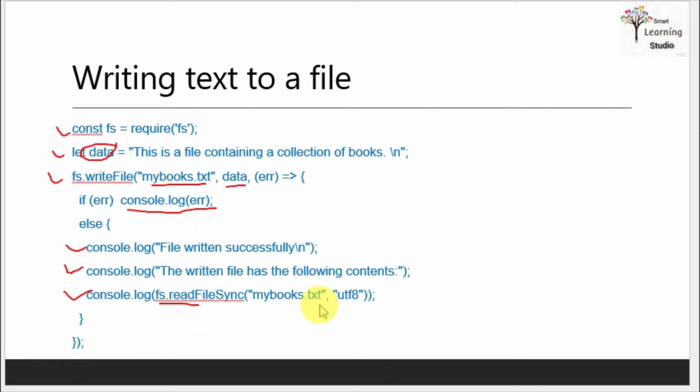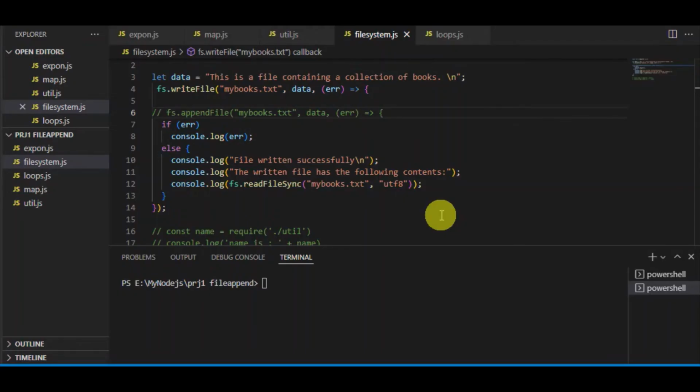So let us try to do it in actuals. I have opened Visual Studio Code, where I will be doing all such programming of Node.js and JavaScript, and it is the same code which we discussed just now. You can see on the left side there is no text file called mybooks.txt.